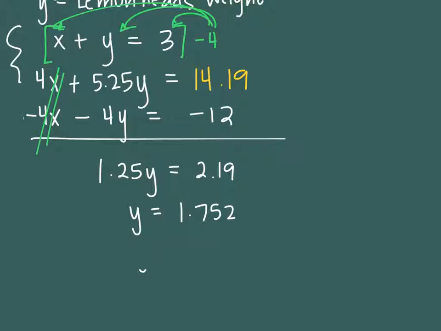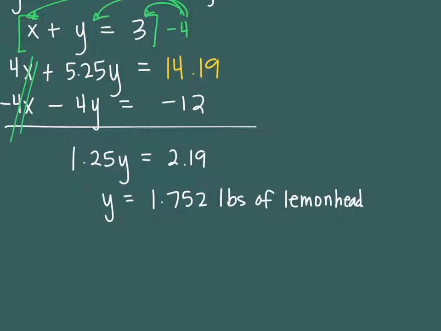Pounds of what? Pounds of what kind of candy? Okay, pounds of Lemon Heads. You have to be specific. You can't just say pounds because that doesn't tell me which type it is. Then we should be able to figure out how much x there is because we know the total is 3. And so we can subtract, and we're going to get 1.248 pounds of Sour Patch.